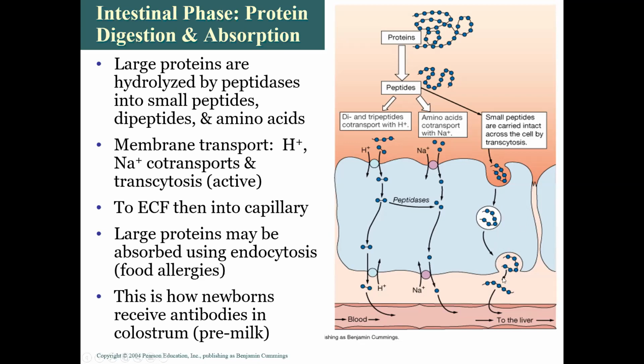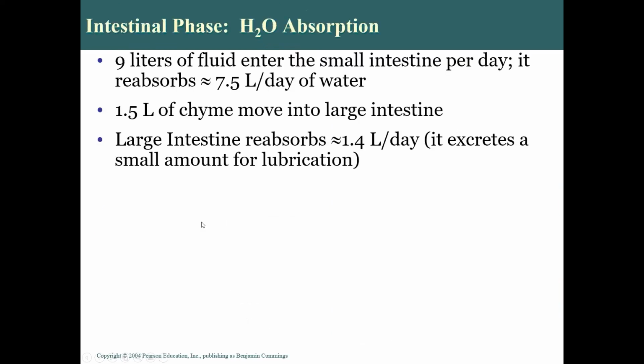Unfortunately, some people overreact to that, giving them food allergies. And I know several people have food allergies against peanuts, some shellfish, things like that. It turns out some people have a highly sensitive IgE reaction mechanism that we'll be talking about in a later chapter. Okay, so this shows you how proteins are absorbed.